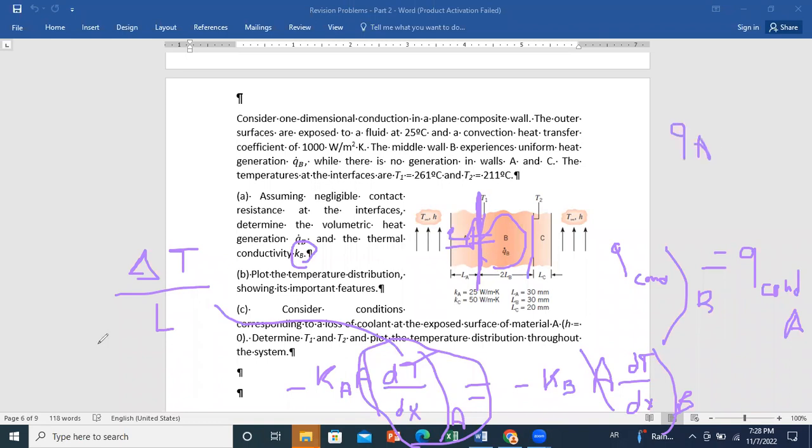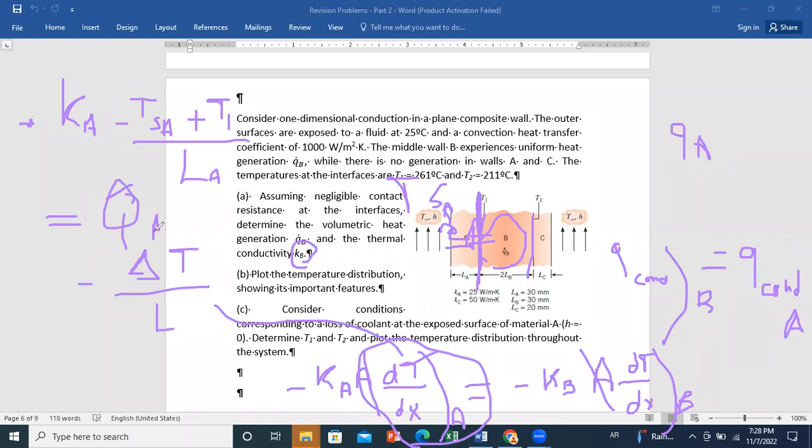So we can say that minus Ka dT by dx at A is equal, so if we call this temperature T surface of A, we can replace now, we can say minus Ka times T surface at A minus T1 over LA, and if you take the minus inside, you will get minus T surface at A plus T1 over LA is equal already to Q conducted at A, which is already computed from the thermal resistance system, is equal to minus KB.